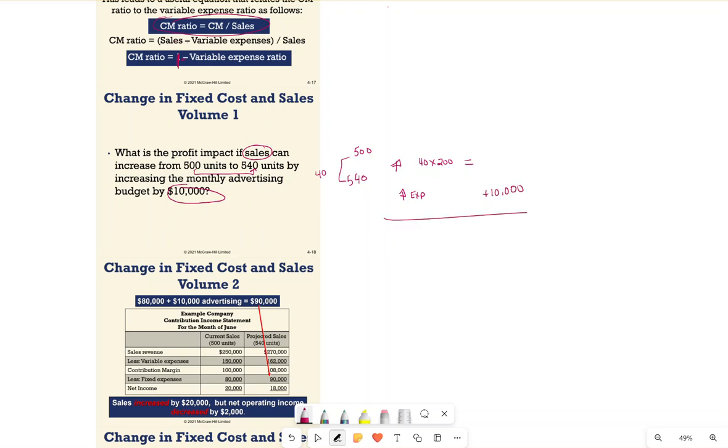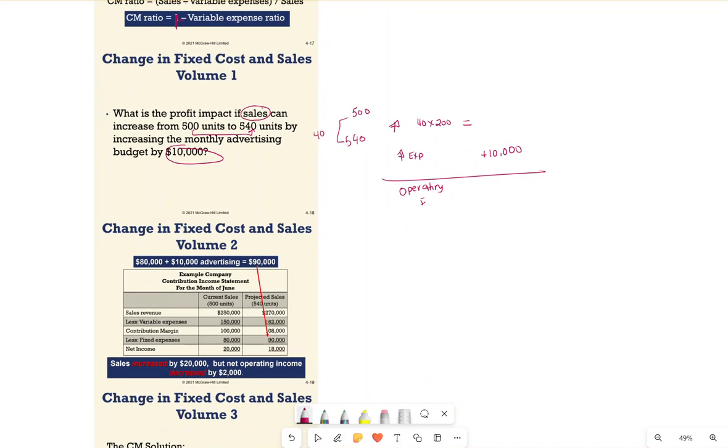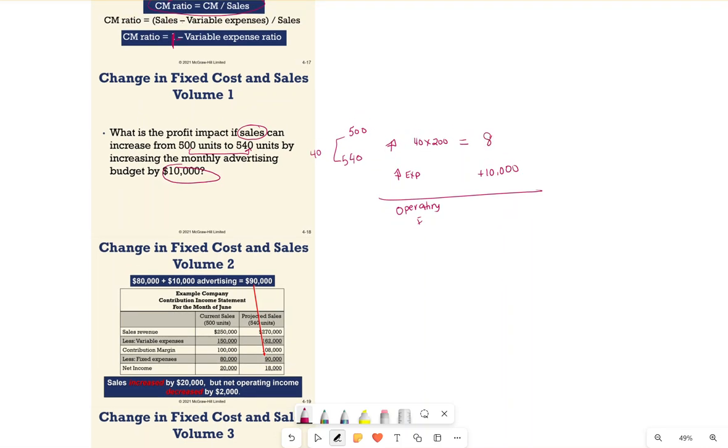So you wanted to know what is the impact on my operating income or my net income. In this case, they don't want you to work it out, so I will be adding both numbers. My overall change in my operating income will be 8,000. Sorry, I just put another zero here. So 1 2 3, 1 2 3.